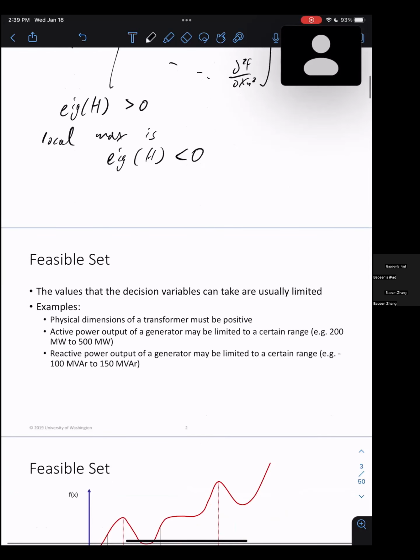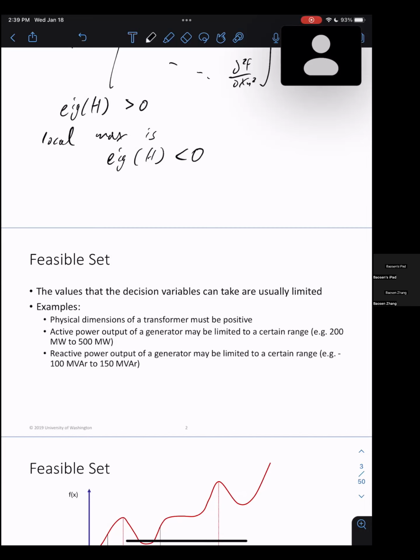You have to deal with the fact that you have to operate in a feasible set. The feasible set describes the fact that your variables can only exist within a limited range. If you talk about generation, let's say it's between 200 and 500 megawatts. So you're optimizing something, but your X is limited to some range.